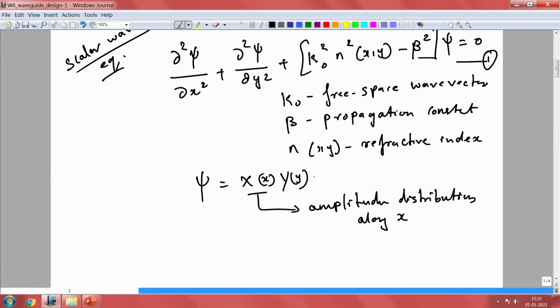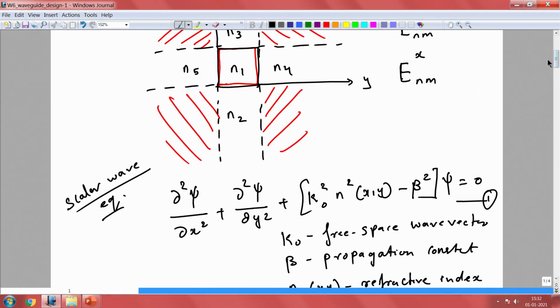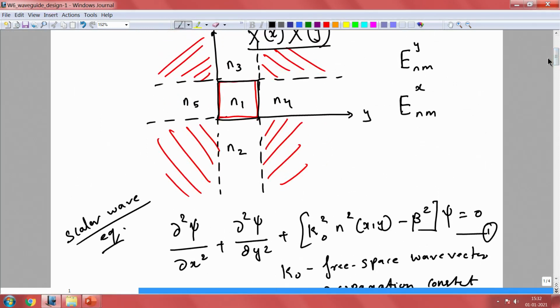So, similarly this one is the amplitude along y direction. Okay. So, this is very straightforward. This is how we see the solution, and here again, particularly in this guided region, N1, right, is where you have the light propagating, there you will have a sinusoidal solution, right.